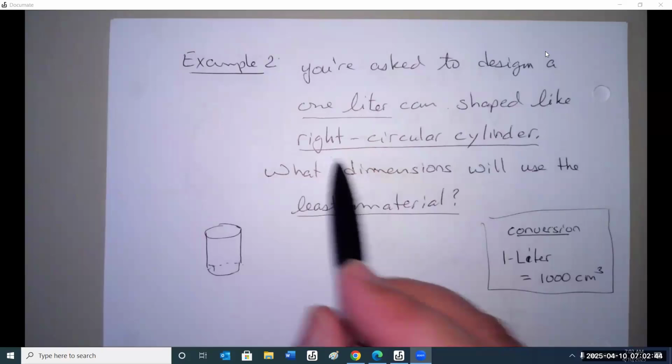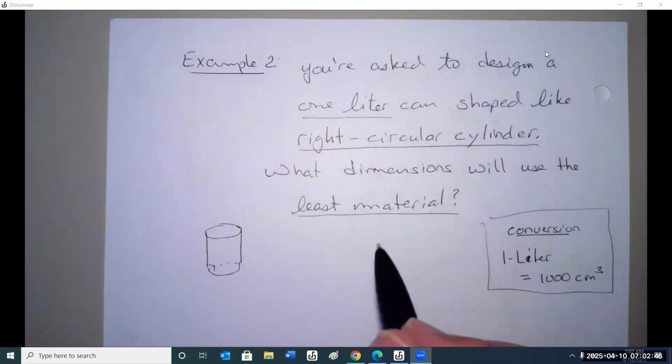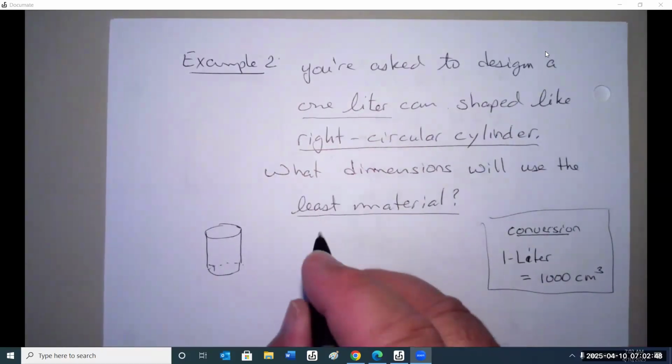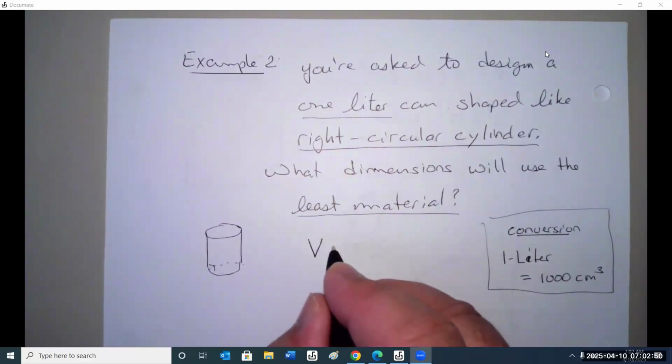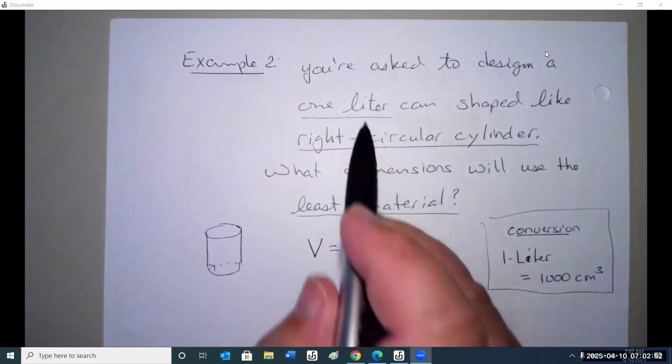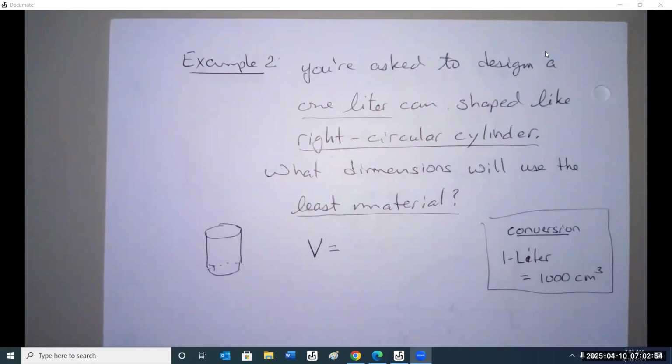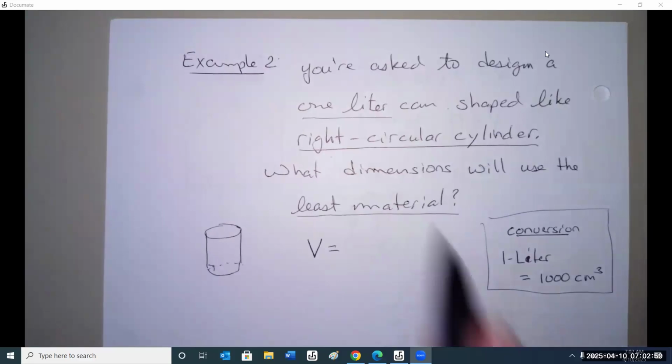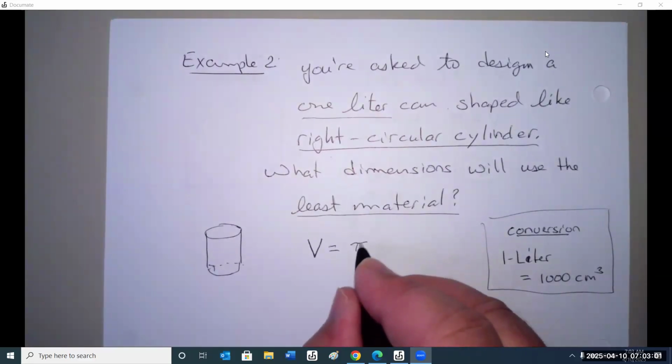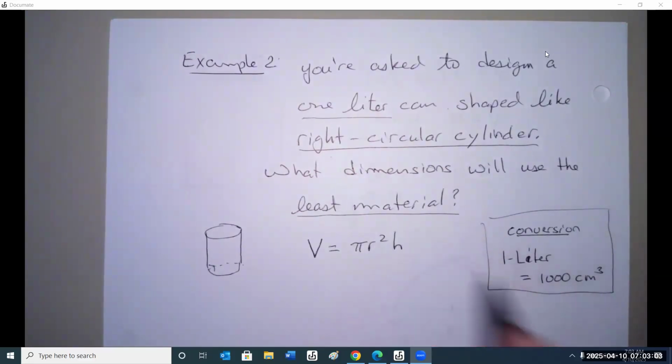And since we're looking for the least material, we're given the volume of the can. So we know what the volume has to be. The volume is going to be pi r squared h.